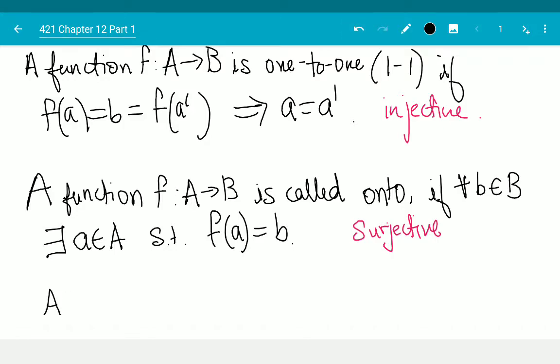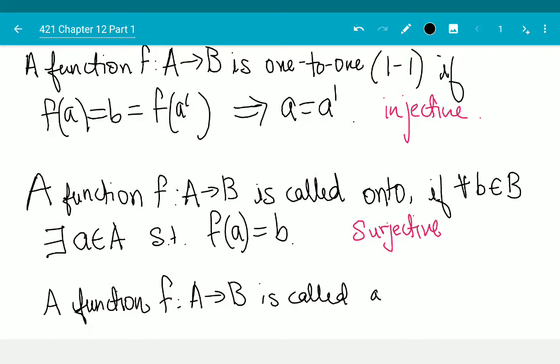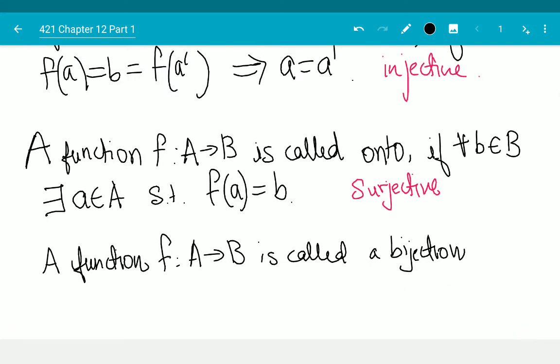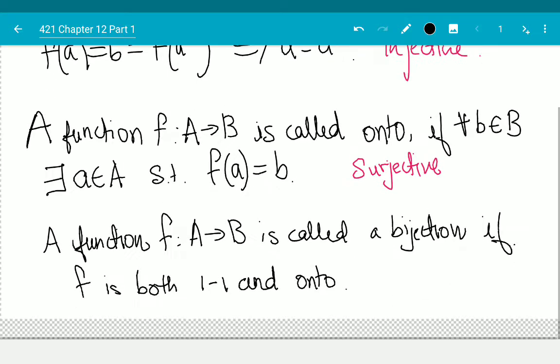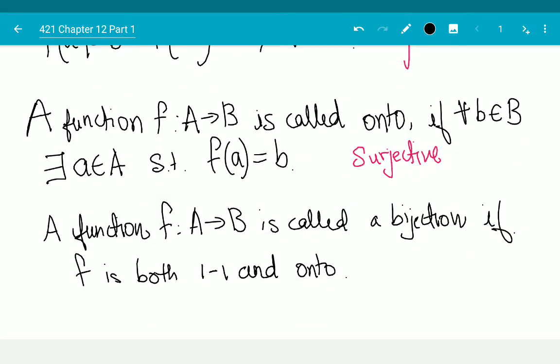A function f from A to B is called a bijection, or the function is said to be bijective, if f is both one-to-one and onto, which is to say it is both injective and surjective.